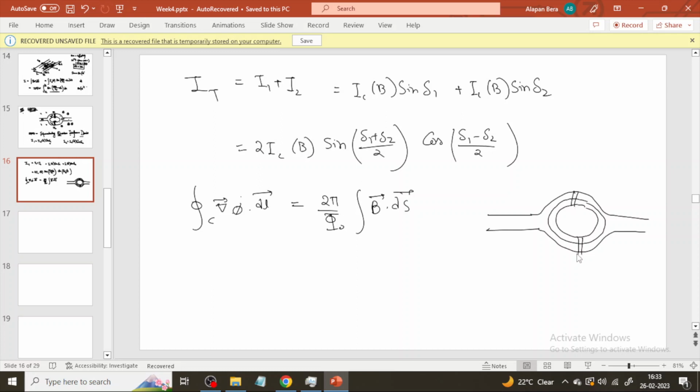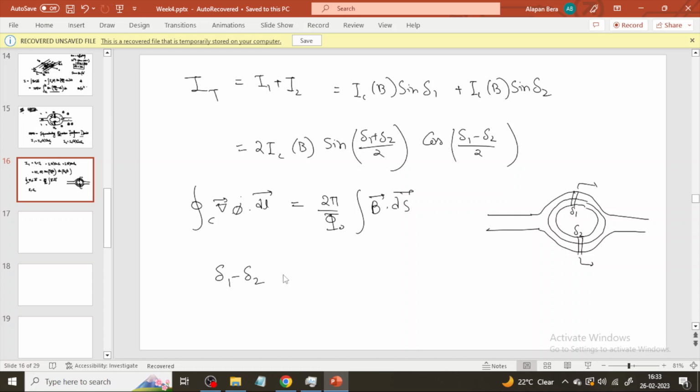Because the width of this normal region is very small, we can consider that the whole path is through a superconductor where the current density is basically 0. That's why J is approximately 0 over the entire region. Then this term can be written as delta 1 minus delta 2, because we are going through the entire region: here it is delta 1, here it is delta 2.